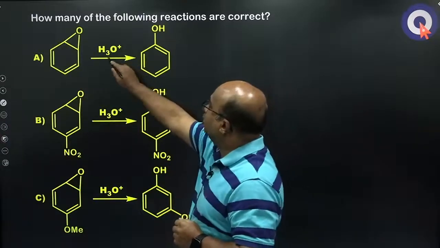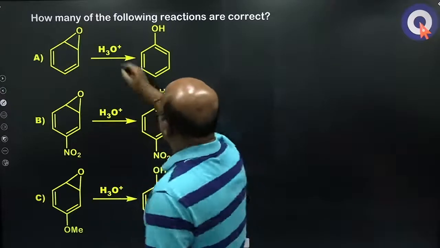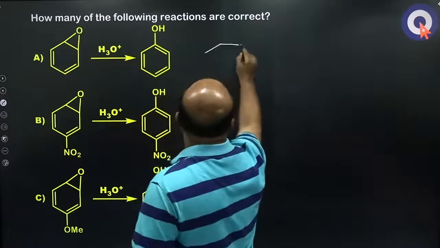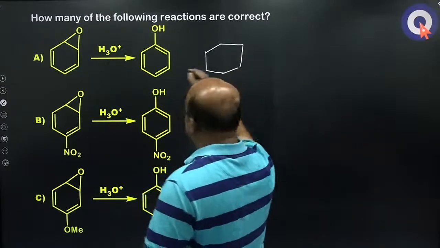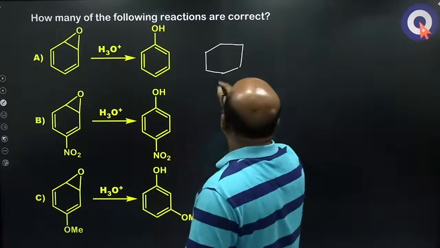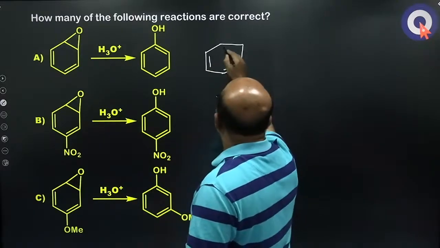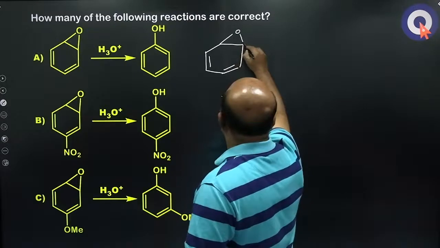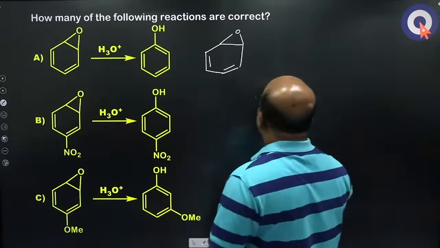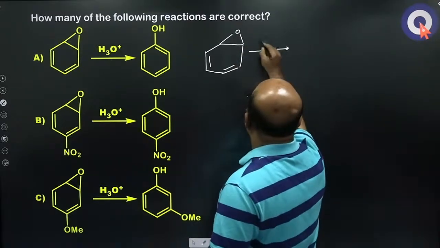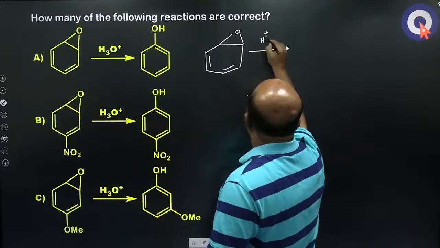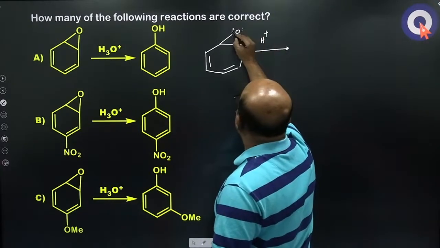Suppose we added H3O plus to that. All three look mostly the same: a double bond here, a double bond here, and the epoxide here. When you add H plus or H3O plus, the oxygen lone pair gets protonated immediately.